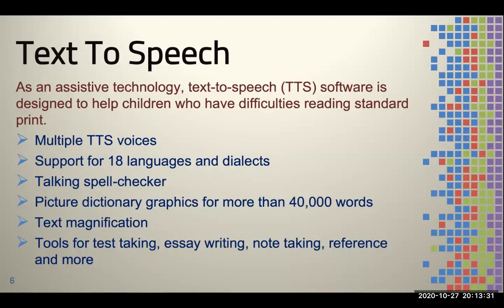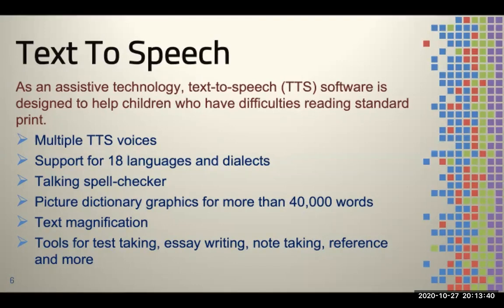So any kind of disability, minor or major, can benefit from text to speech software. Text to speech software can have multiple TTS voices, support 18 languages, and include a talking spell checker as well as picture dictionary graphics for more than 40,000 words.